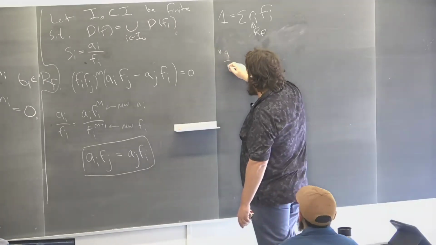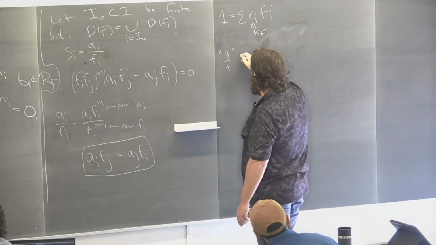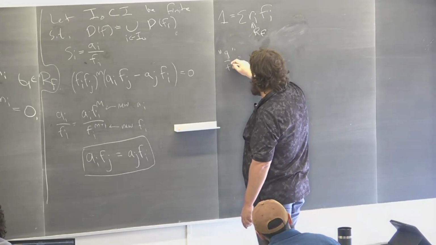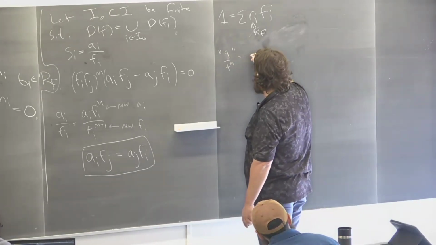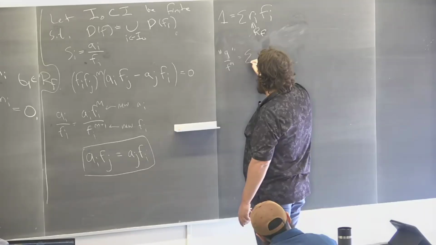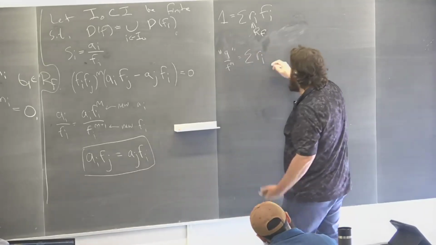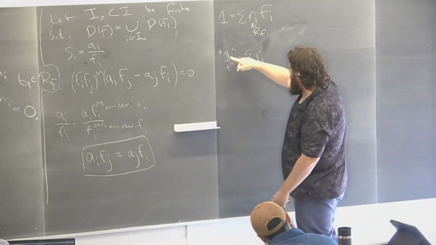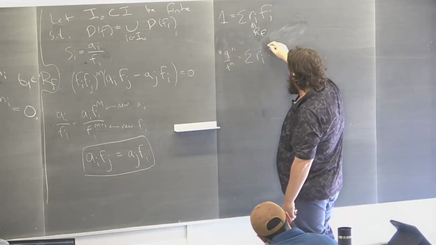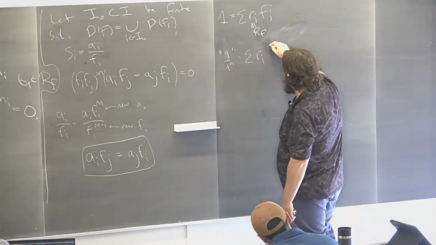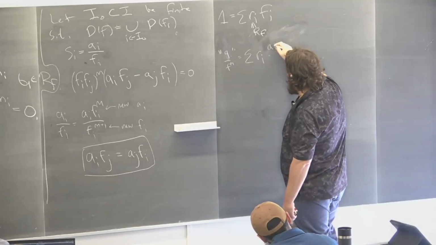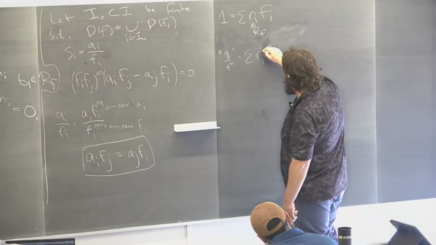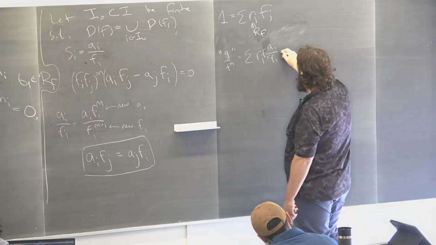So the kind of thing to imagine here is I have an A over F to the M, and that's going to be equal to this Ri times Fi. I can replace this guy by Ai over Fi, and there's an Fi here.